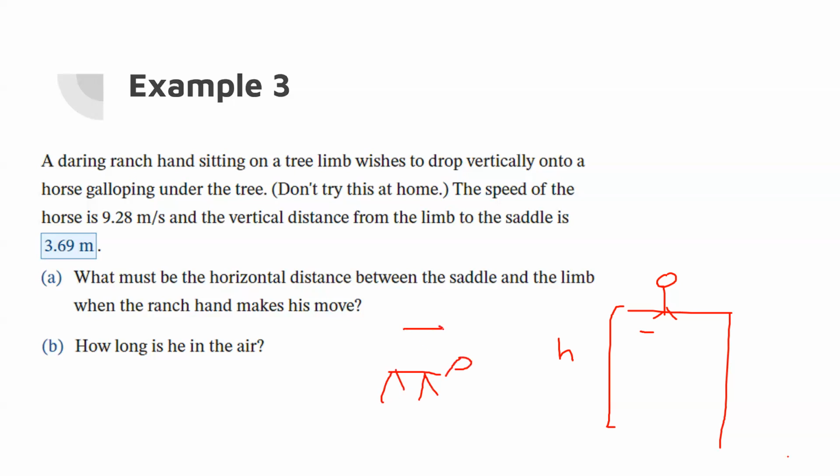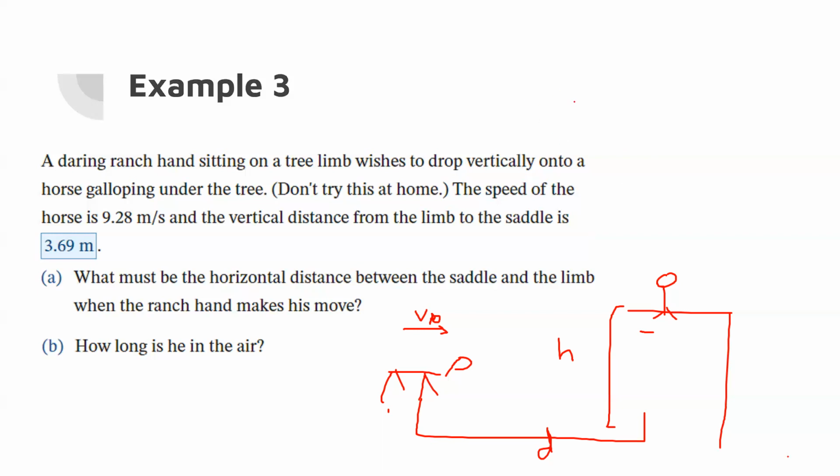And he's moving at a velocity, which I'll call v naught. And I need to figure out what this distance is going to be when the ranch hand falls out of the tree. And so to do this, we're going to use kinematics. And so I'm going to describe what's happening. I'm going to write a couple of equations to describe the motion of the ranch hand and of the horse.